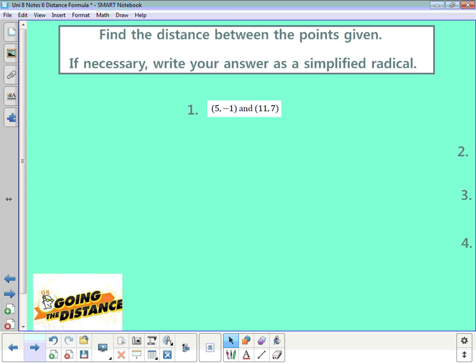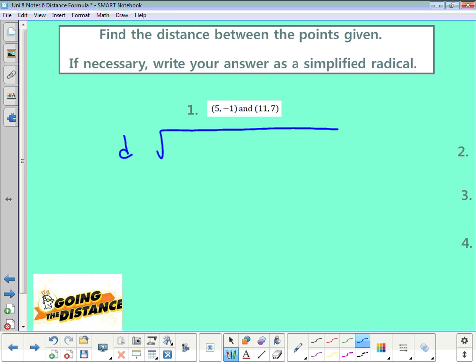In number 1, I have the 2 points 5, -1, and 11, 7. So I'm going to plug those into the distance formula. When I do that, it looks like this. My distance is going to equal the square root of the difference in the x's, so 11 minus 5 squared, and then the difference in the y's, so 7 minus -1 squared.